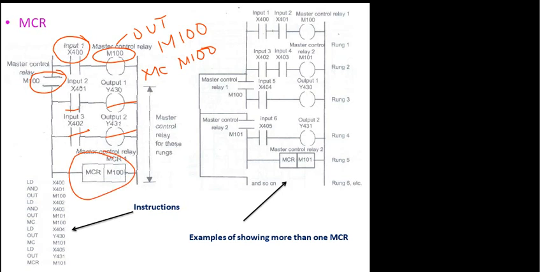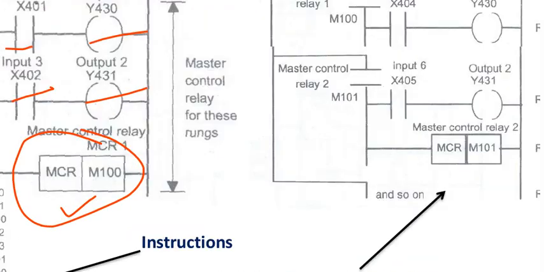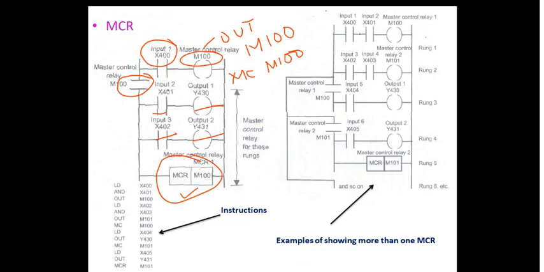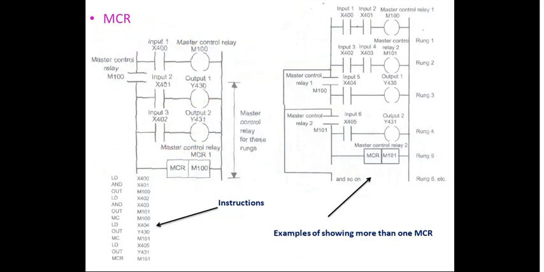This is how the symbolic representation of resetting of the master control relay has to be written: MCR M100. Please look at this carefully.